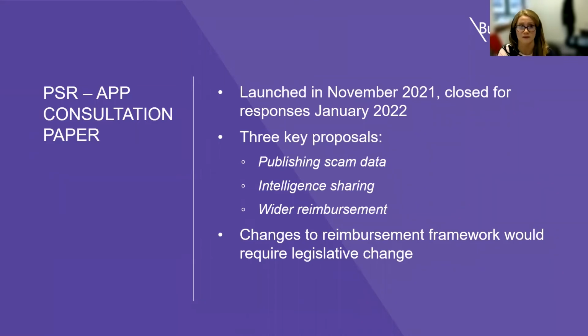So this might be things like talking about key trends in the industry, and whether a collection of specific payment services providers are seeing a particular type of APP scam or a particular type of victim falling victim to APP scam. So just trying to improve the intelligence sharing and improve the knowledge within the industry.